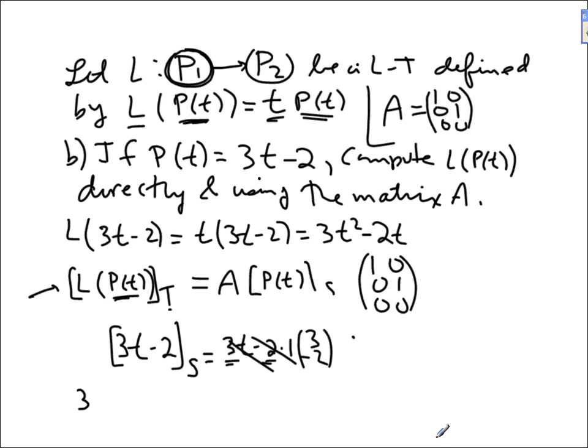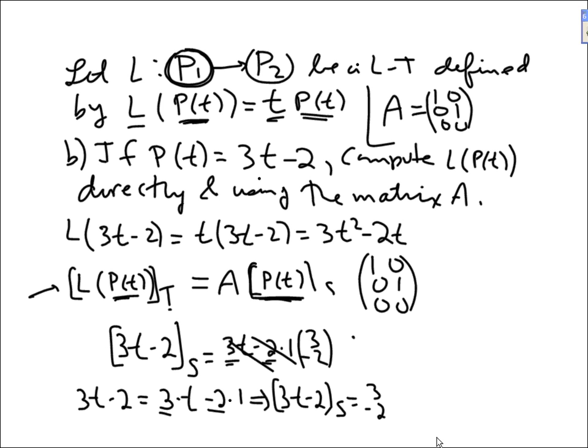What I'm saying is 3t minus 2 is 3 times t minus 2 times 1, which implies that the coordinates of 3t minus 2 with respect to S is 3, negative 2. And when I multiply this out, I get 3, negative 2, 0.